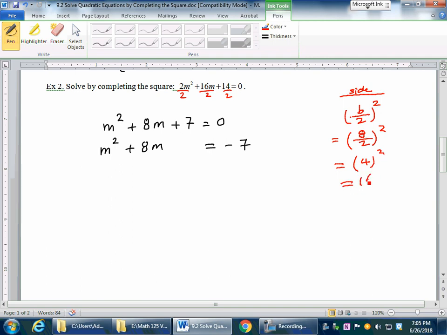So now we know we need to add 16 to the left-hand side, and we need to add 16 to the right-hand side. On the left-hand side, that becomes a perfect square trinomial, which is m plus 4 quantity squared, equal to 9.